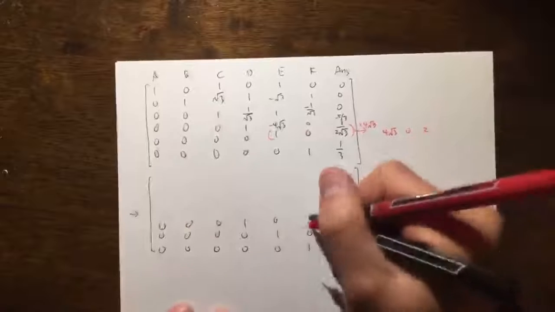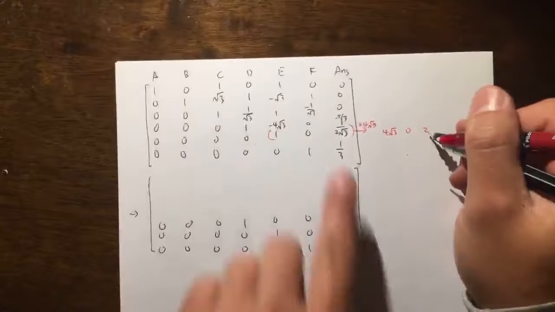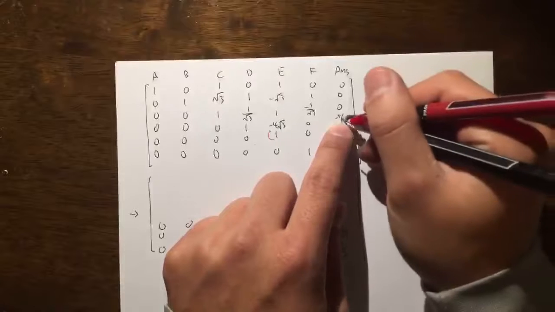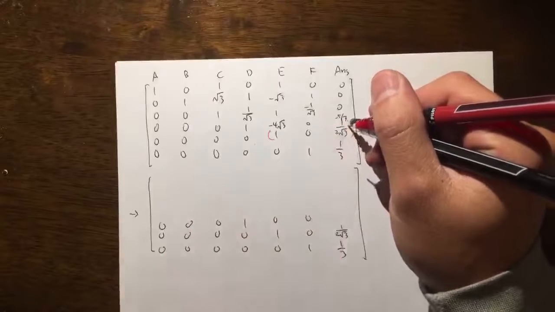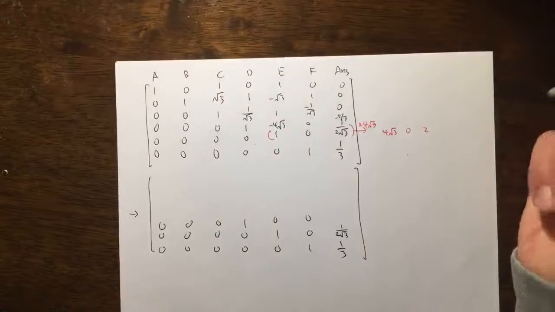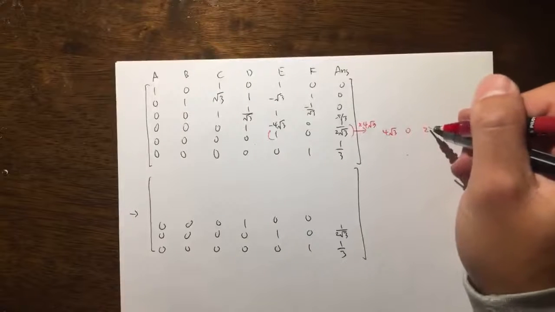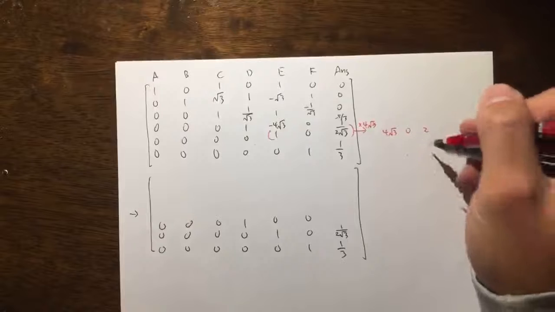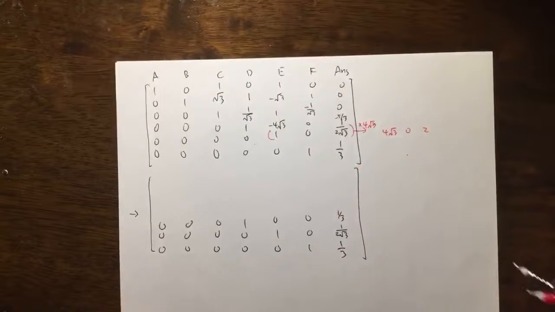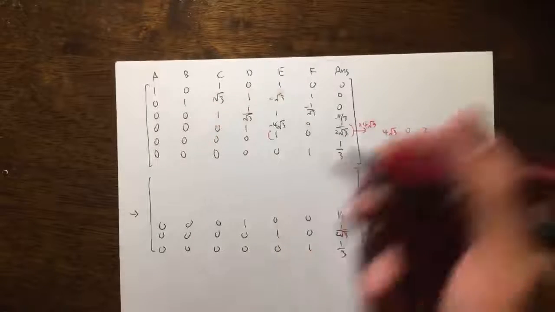This plus that is 0. 2 plus 5 over 3 is... 2 is the same as 6 over 3, plus that is going to be 1 over 3. So we got the third row, and now I will just kind of go up.